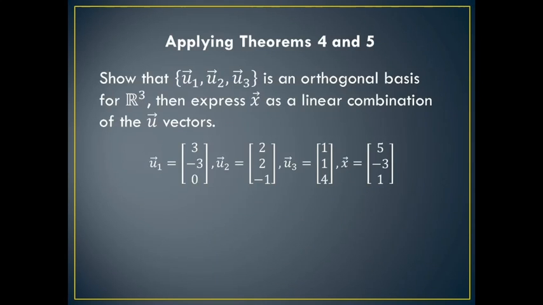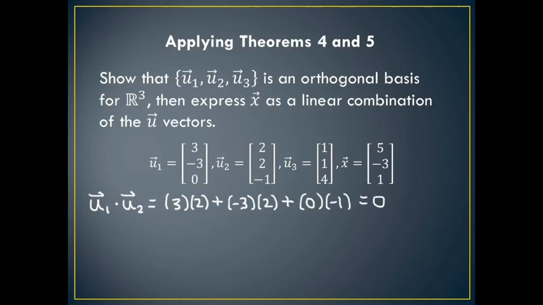For now, let's just do a quick application of the theorems so you see how they work. First, we want to show that u1, u2, and u3 form an orthogonal basis for R3, and then express the given vector x as a linear combination of the u vectors.